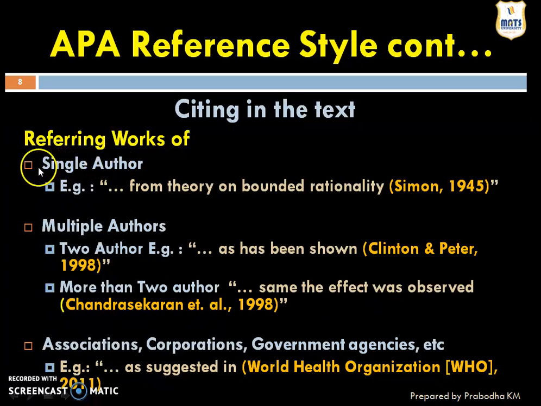If we are referring to a single author work inside the text, how do we refer to it? Here is an example. Suppose there is a statement from the theory of bounded rationality, written by Simon in the year 1945. Inside the text we only have to mention the last name of the author, that is Simon here, and the year of publication of that specific paper.